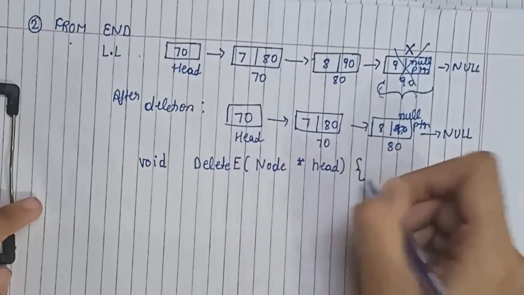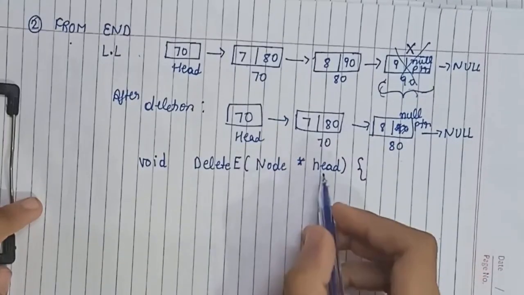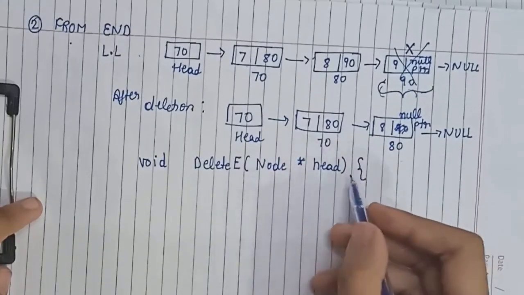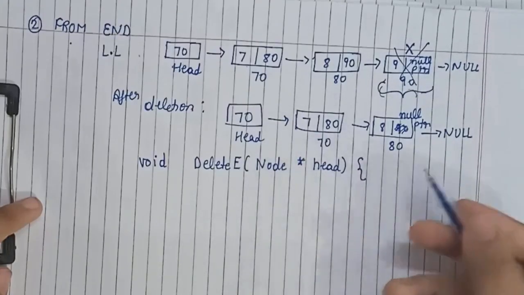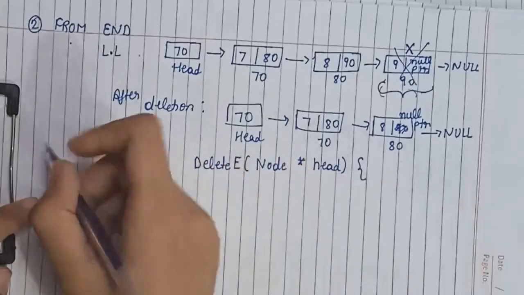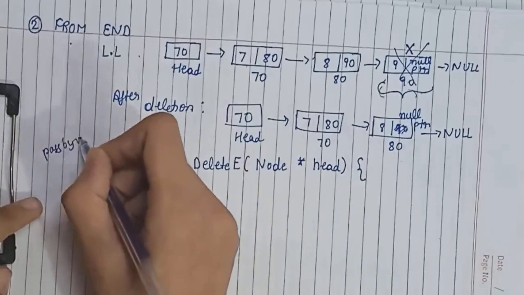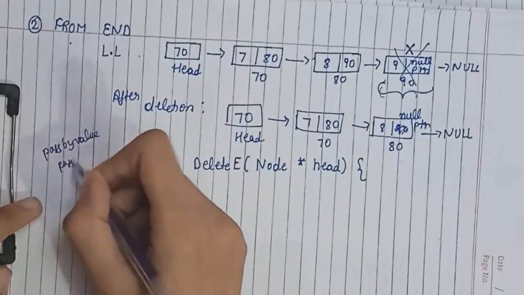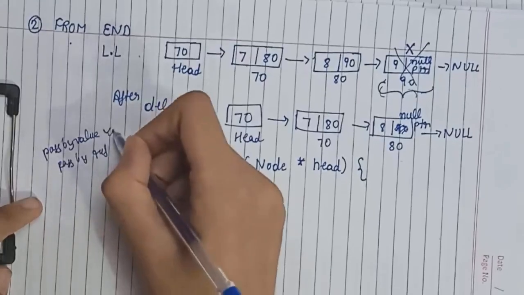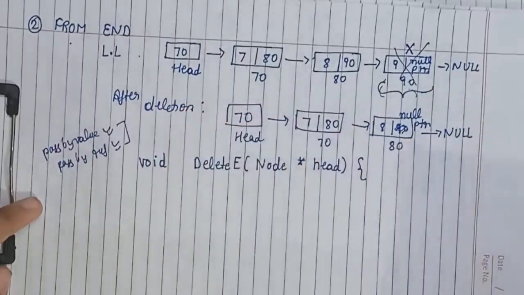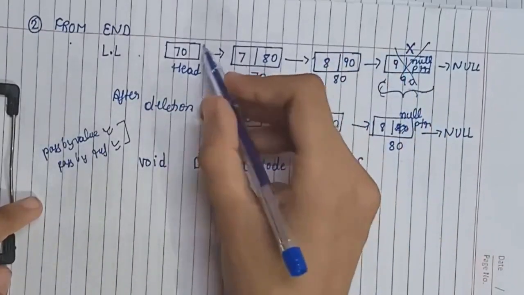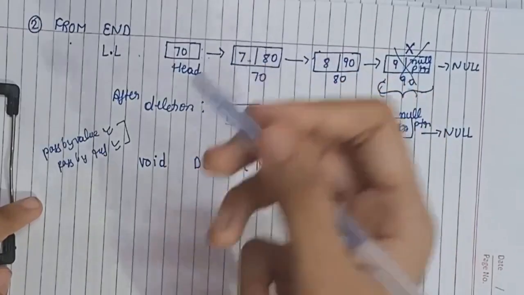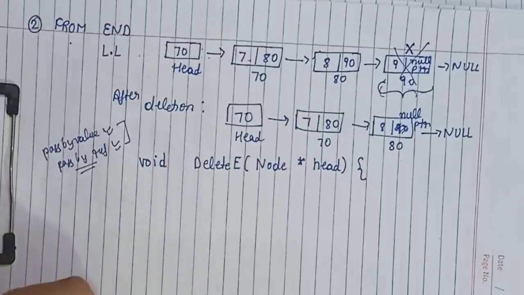Since I am not going to make any changes in our head pointer variable here, both pass by value and pass by reference will work. So you can do anything that you want, but in the previous case, as I have told you, we are changing our head pointer to point to this instead of this. So there we need to pass by reference only. So now I hope that this is clear to you.